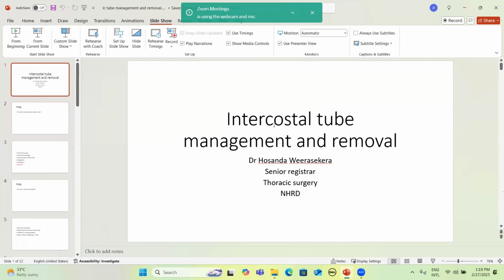How much PEEP will NIV incur? Is it just like normal breathing, or will there be any PEEP? There will be pressure support, like PEEP. It depends, it can go up to 14 to 15.